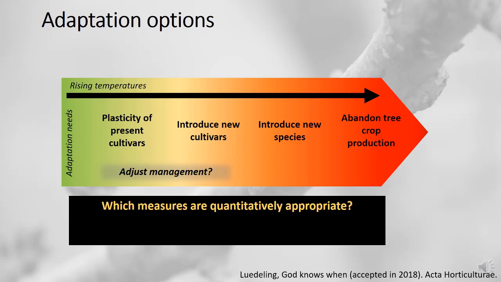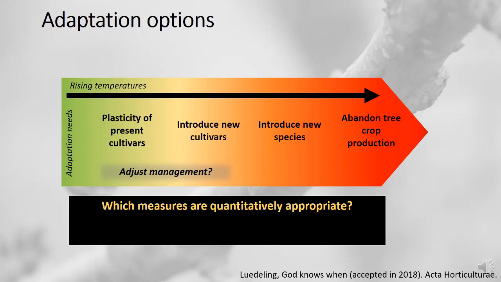But the key question that derives from this is which measures are quantitatively appropriate. If I have an orchard here in the Rhineland, I'm certainly not at the point where I have to abandon tree crop production, but are we looking for new cultivars? Or are we looking for new species? Or can we possibly get away with just adjusting our management a little bit? Or don't we have to do anything?